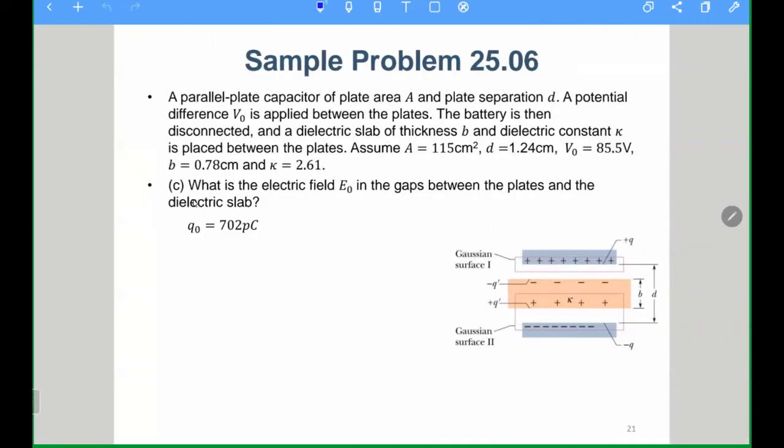Okay, so part C, what is the electric field in the gap between the plate and the dielectric slab? Here we would need to apply Gauss's law.